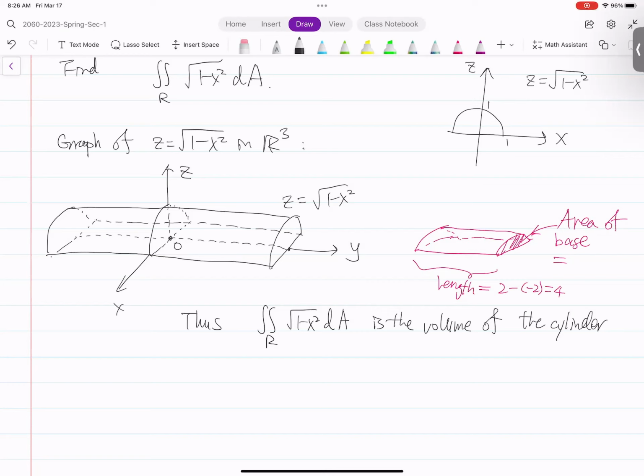So the area is 1/2 pi r squared. The integral is the volume of the cylinder in red above. So you can just write out the product: the area of the base times the height, which is 4.